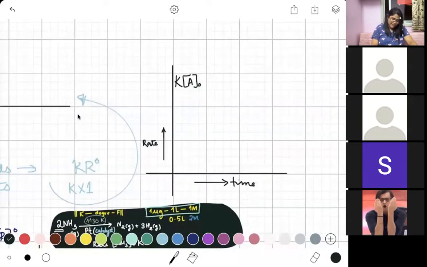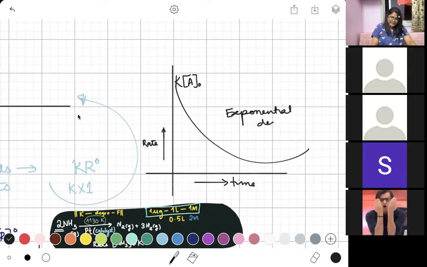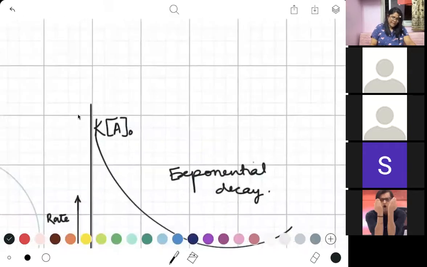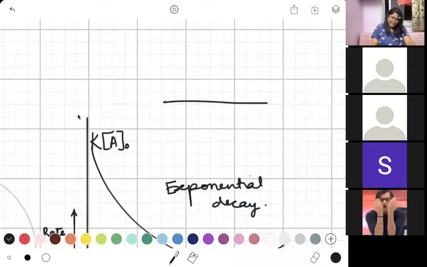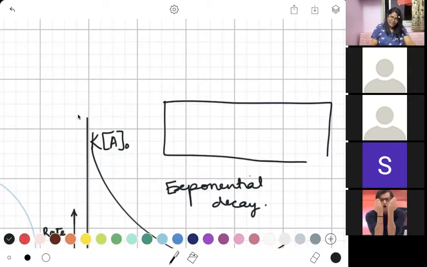I'm going to put this down first. If you're good at words, you would know that exponential decay is something that you have also learned.